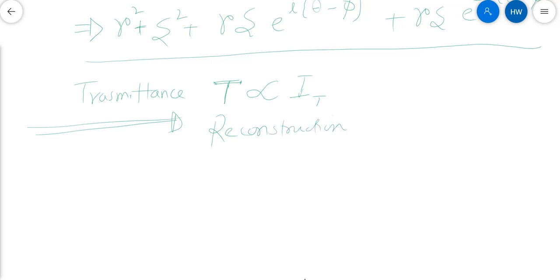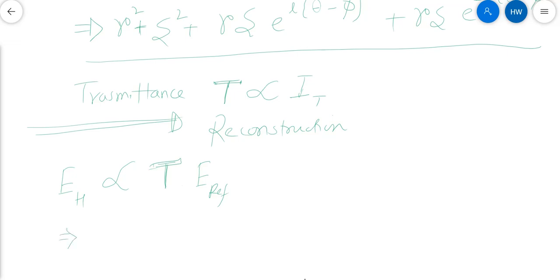So in reconstruction, the holographic field that I generate is going to be proportional to the transmittance, and the input to this film is the E reference, which is exactly the same as what we had put in earlier. So let us just write out all the elements.